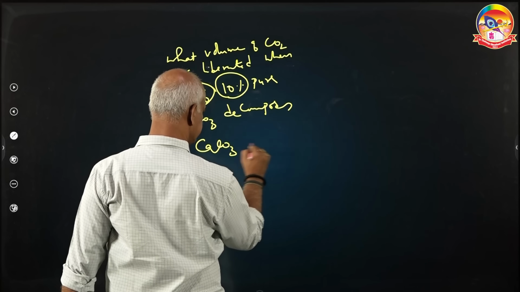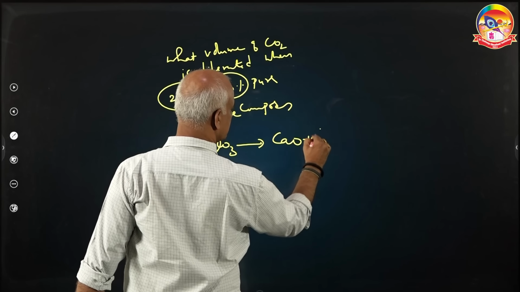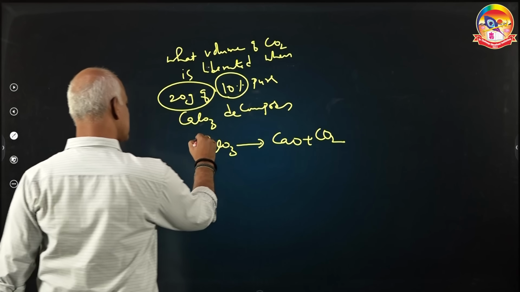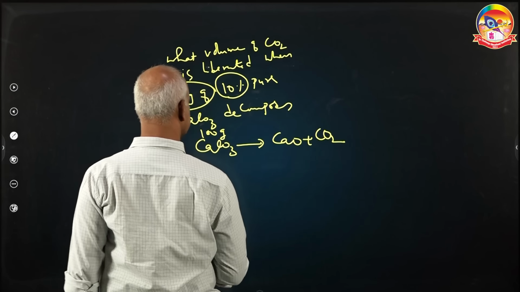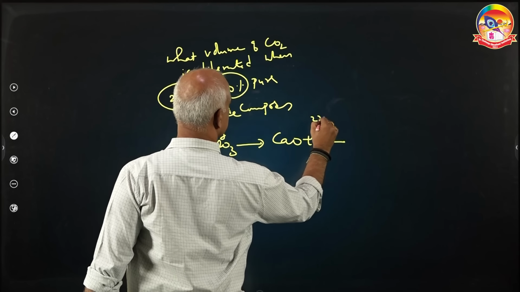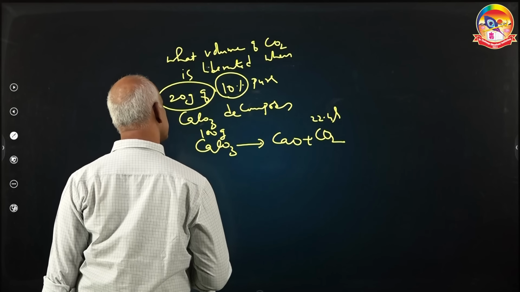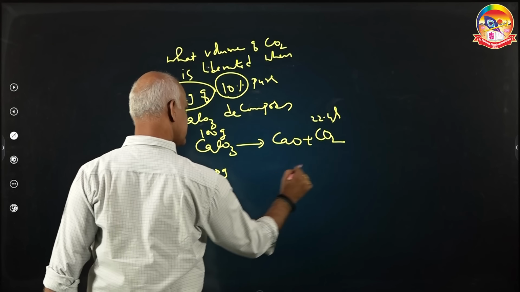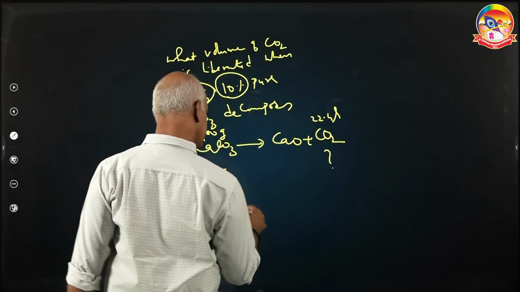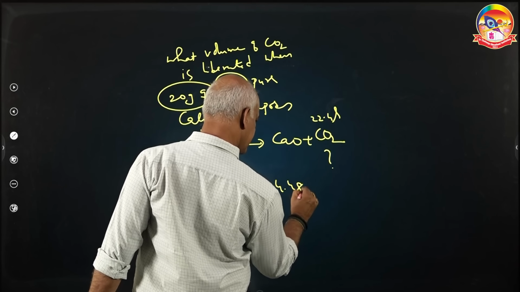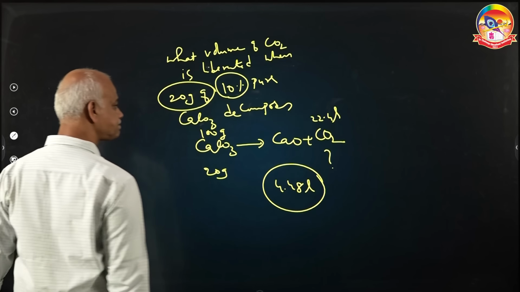CaCO3 gives CaO plus CO2. 100 grams will give 22.4 liters. 20 grams must give how much? It will be 1/5 of it, which is 4.48 liters.